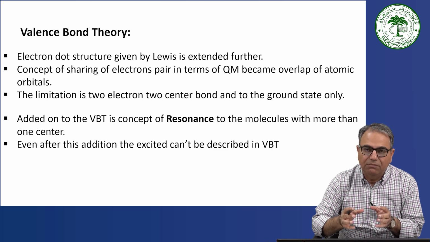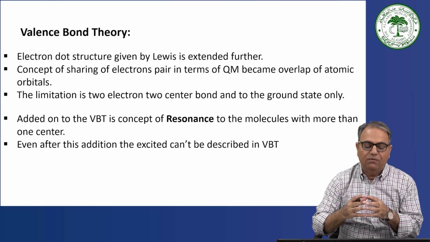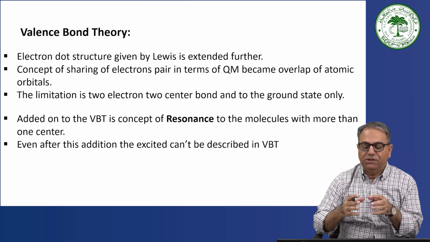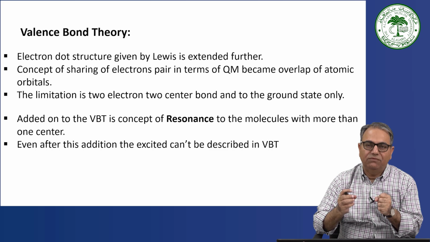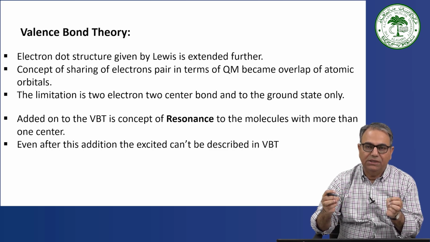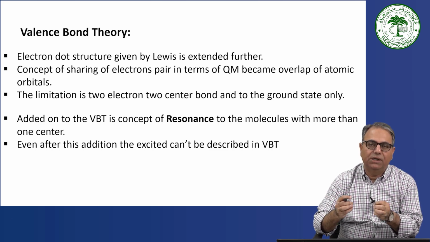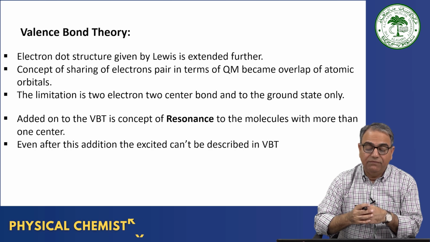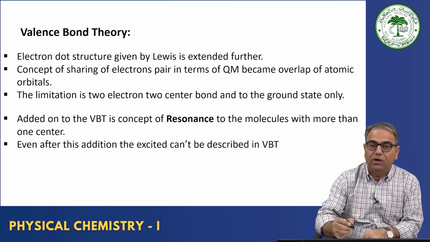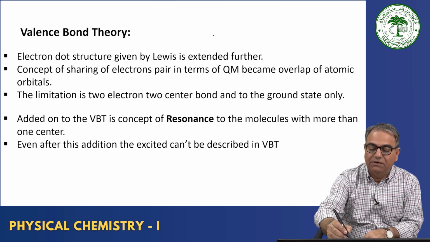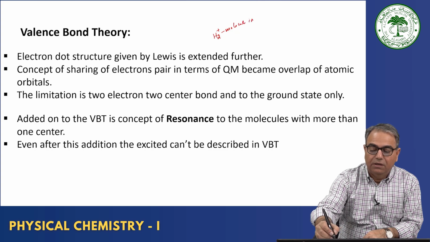But the limitation of this model of binding is that we always talk about two-centered and two-electron bonds. So you must have two electrons and two centers, then only the overlap of atomic orbitals will take place. With this limitation, you cannot treat the H2 plus molecule ion in valence bond theory.